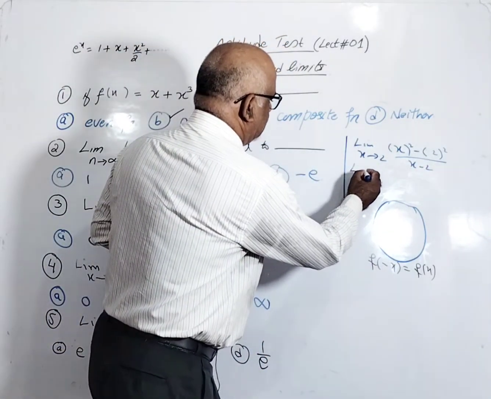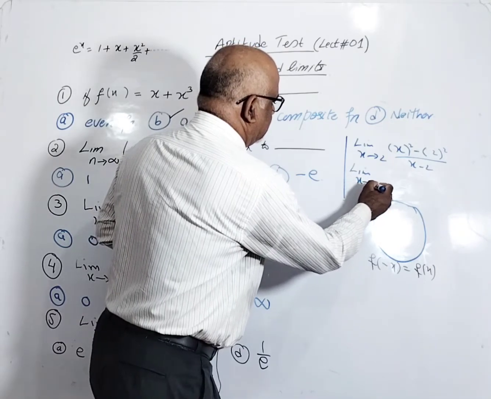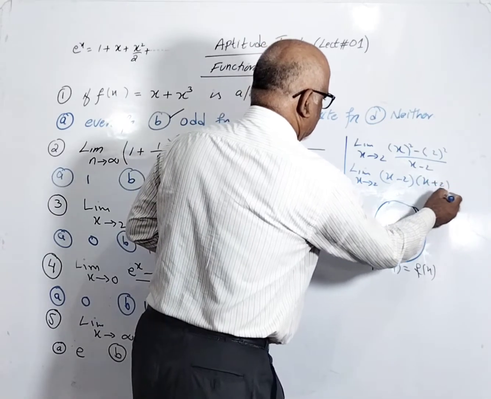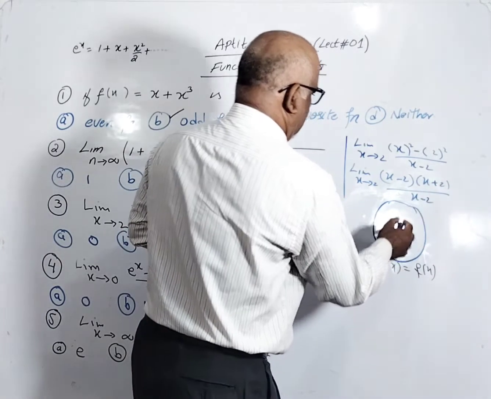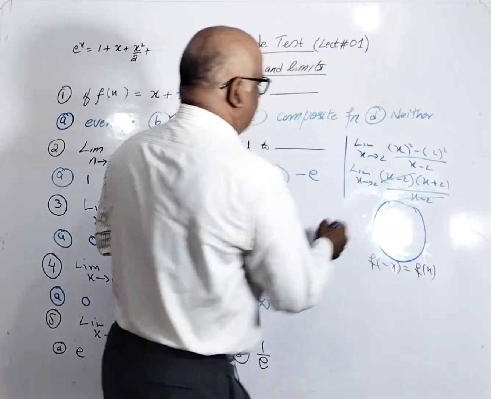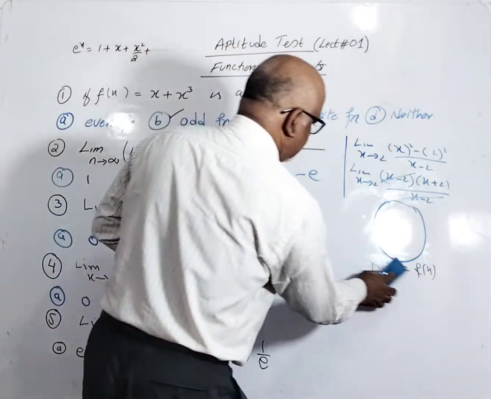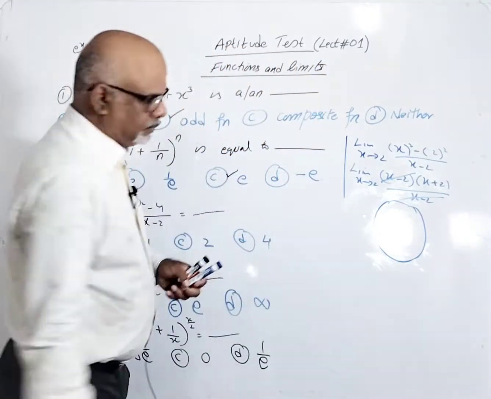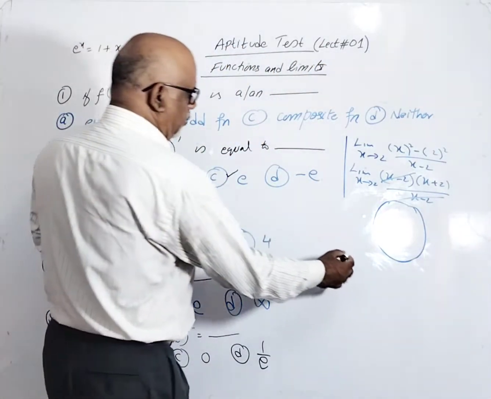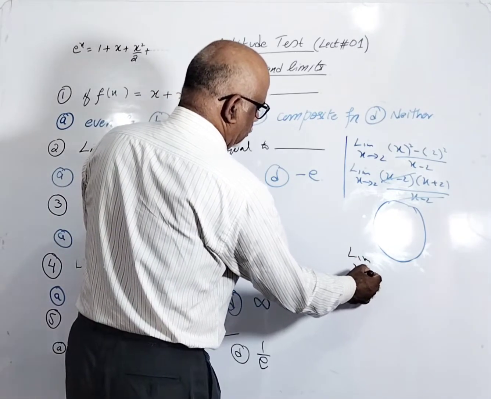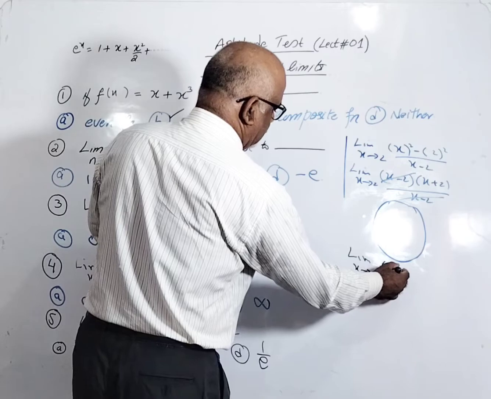So this is one time negative, one time positive. This factor x minus 2 will cancel out with the denominator, and now we have limit x tends to 2 of x plus 2.